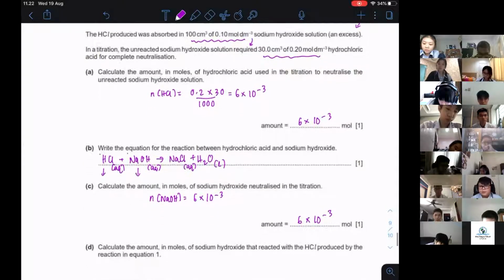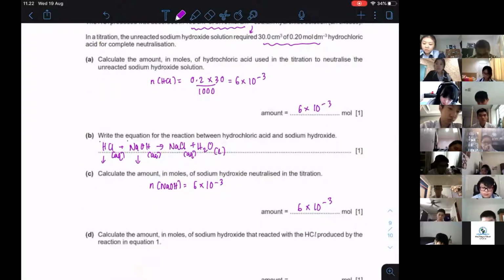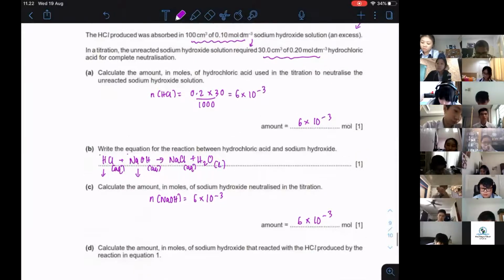Now, next, calculate the amount in moles of sodium hydroxide that reacted with the HCl produced by the reaction in equation number 1.